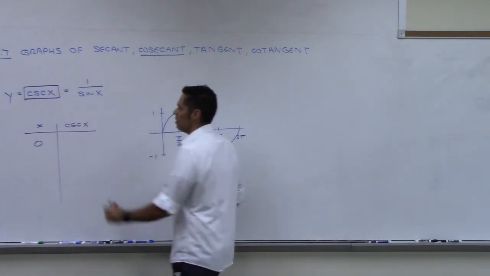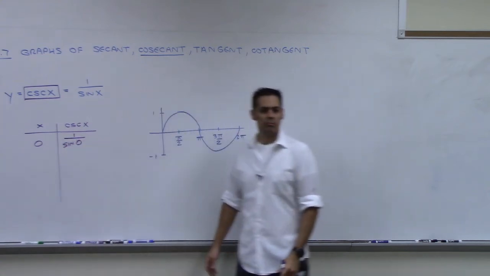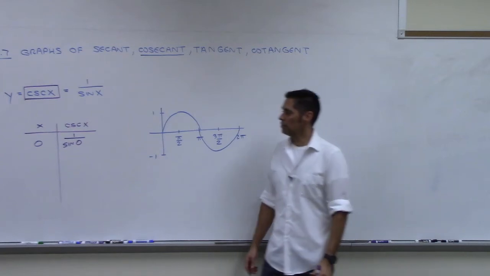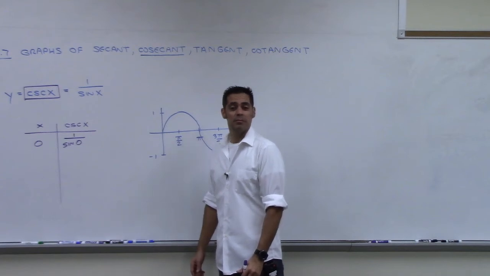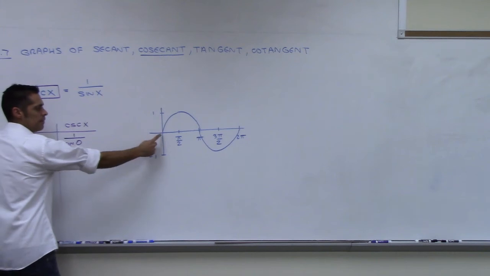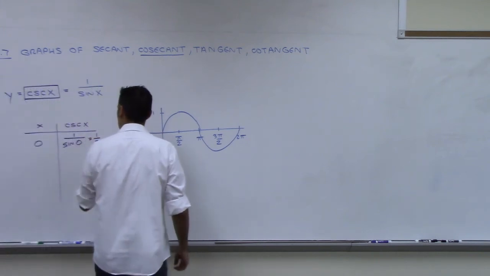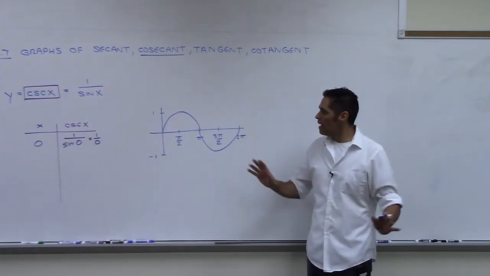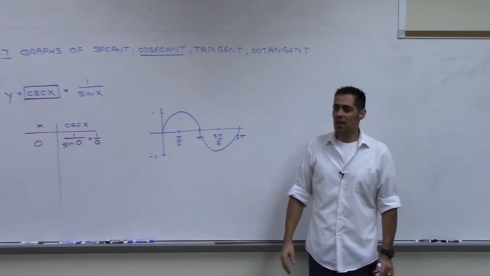Well, by definition, isn't this 1 over sine of 0? And what is sine of 0? Here's the graph right here. What is sine of 0? 0, right? So this is going to be 1 over 0. And division by 0 is undefined. So right away, right out of the gate, we have a problem with cosecant, don't we? It's undefined at 0.